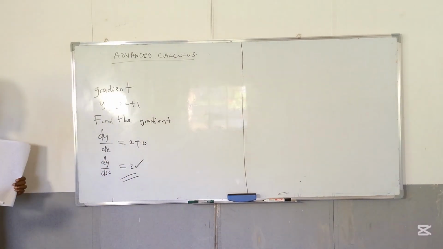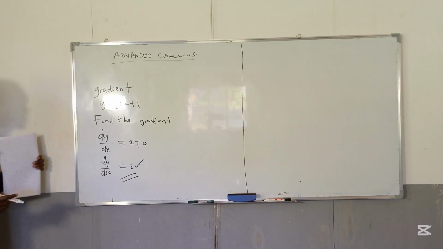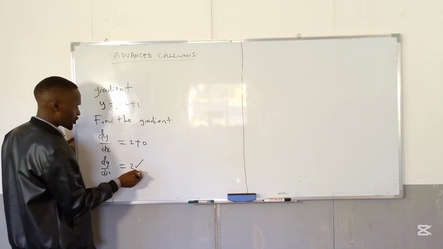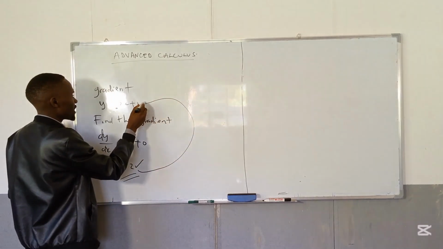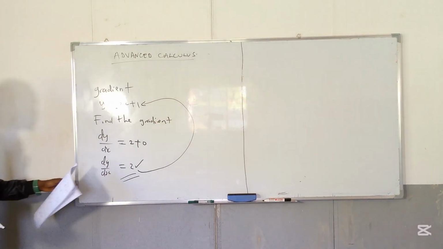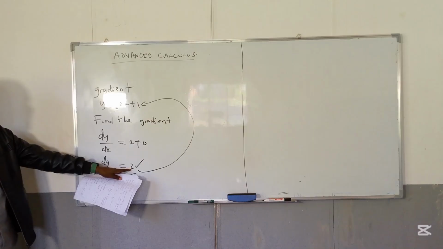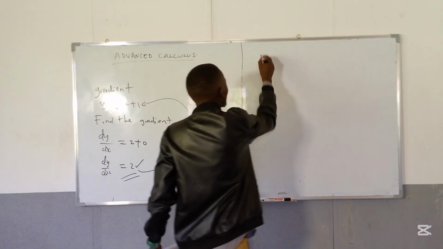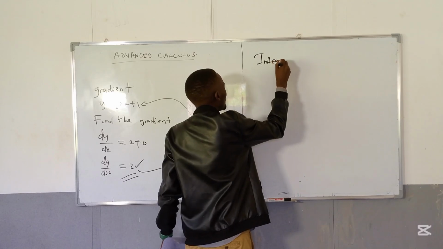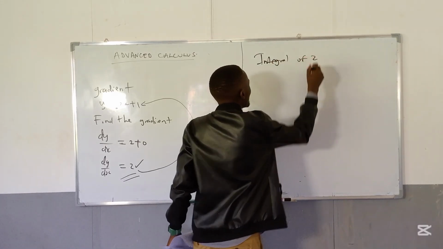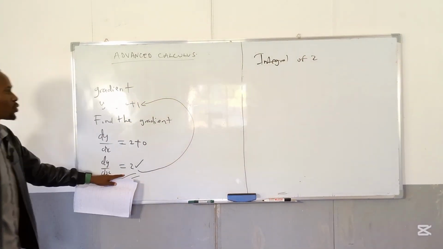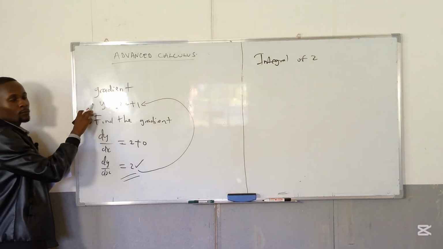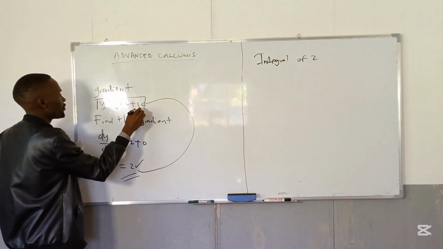So for integration, we have to move from this other part of the differential, then we get this other value. For example, if they tell you to find the integral of 2, and if they want you to go back to this original function.